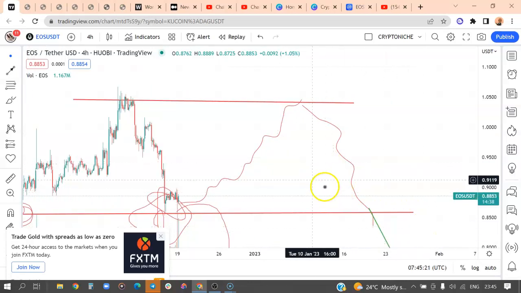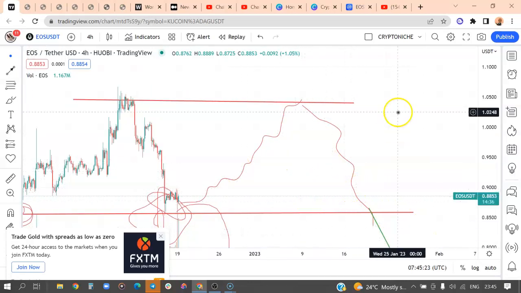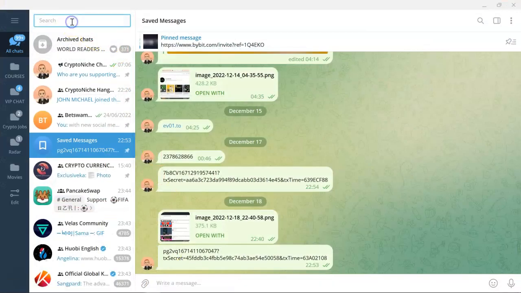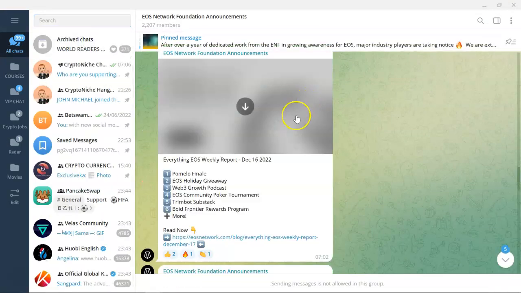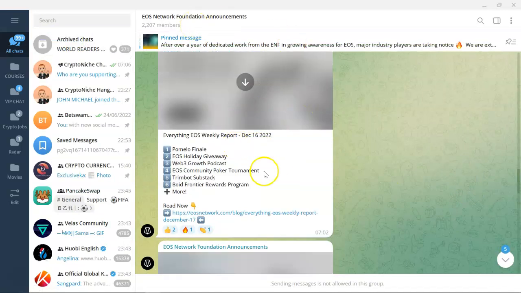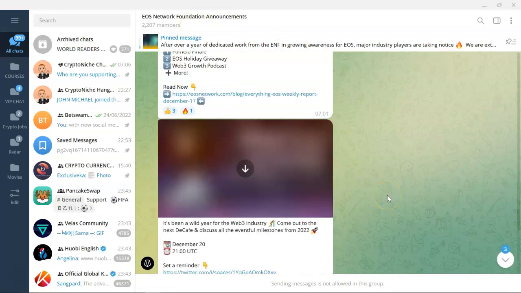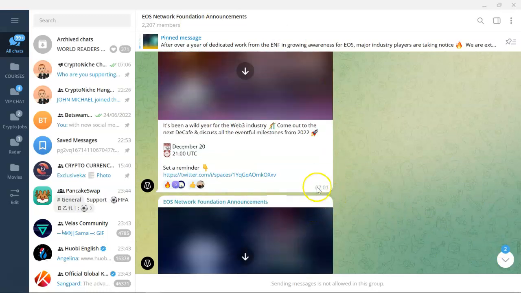So I'm extremely bearish on EOS. I understand that they've been trying to work stronger. If you check out their community right here, EOS Network Foundation, they have over 2,200 members in their group. This group is quite active.